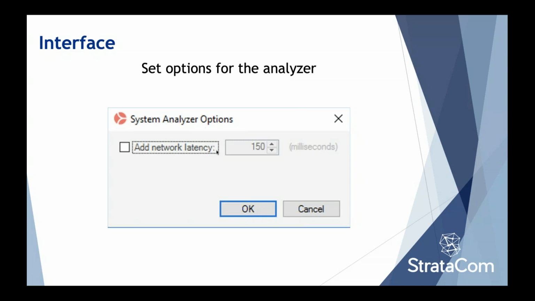The latency does get displayed in the analyzer window so that you can see it, and it's only enabled when the system analyzer window is open. So if you close the analyzer window, the latency is no longer applied. But when you start up the analyzer again, the setting is retained, so it will start that latency up. And this can be useful for lots of performance things.